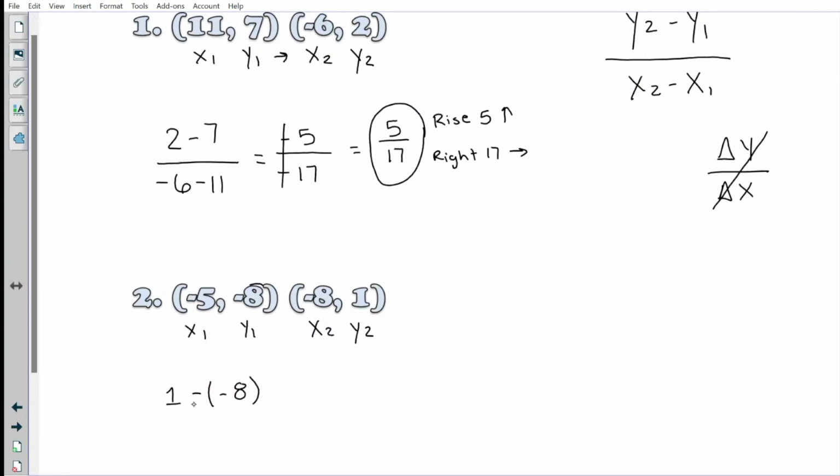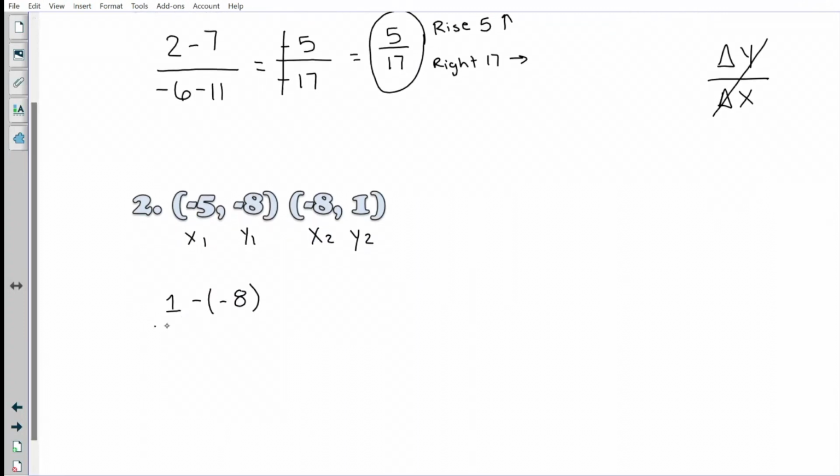So that negative does not change, but the 8 also has a negative. So now we have two negatives right next to each other. Okay, over, we have -8, minus is part of my formula, and then I have -5. All right. Now, here's where we've got to pay attention.